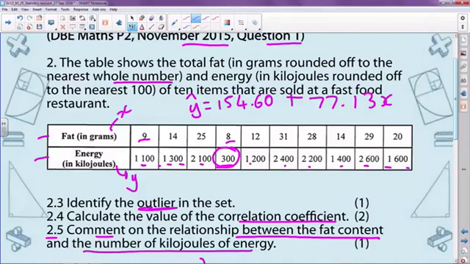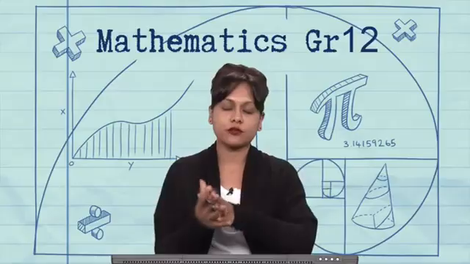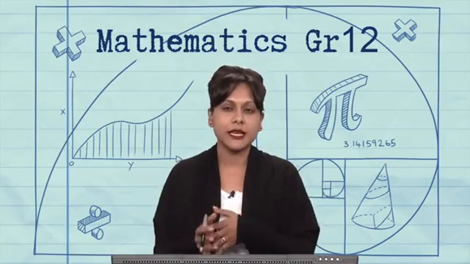Take your standard deviation of X, divide it by the standard deviation of Y, and then multiply it by the gradient, and you would come out to exactly the same value of your correlation coefficient that we got just plugging the values into the calculator, obviously provided that you didn't round off anywhere or make any careless mistakes.